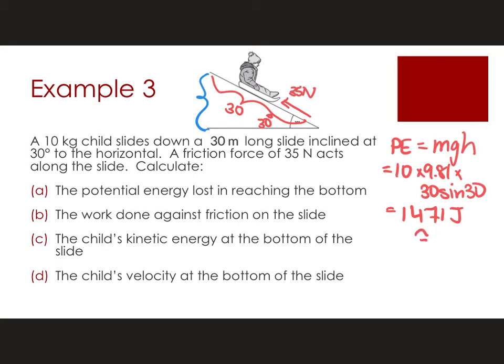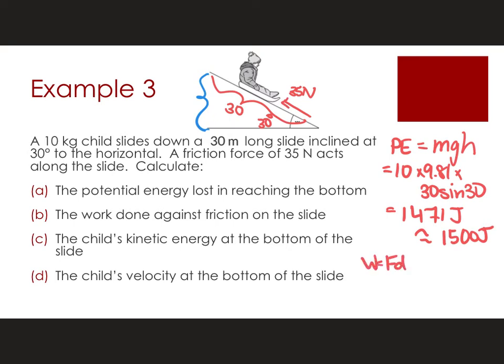That should be rounded to two significant figures, because if you look here, this has 2, this has 2. So that should just be 1,500 joules.